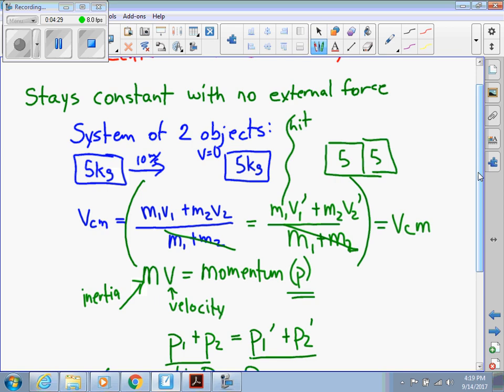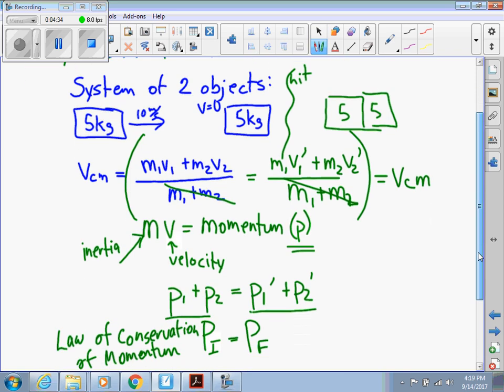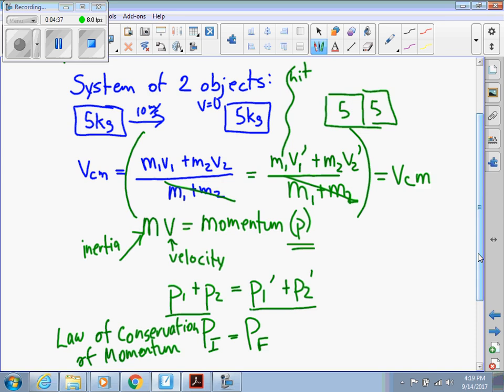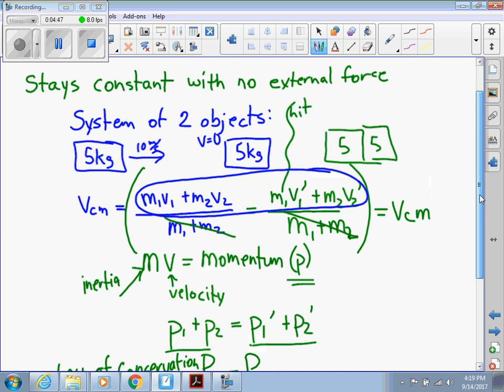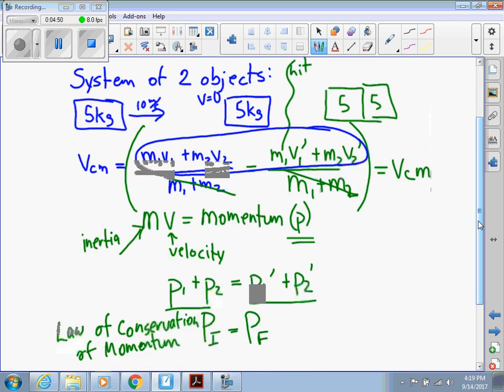And for a situation where we have the two objects sticking together, we can use the case of this equation. So if we rewrite this equation, this is our conservation of momentum equation. We have m1 v1 plus m2 v2 equals m1 v1 prime plus m2 v2 prime.